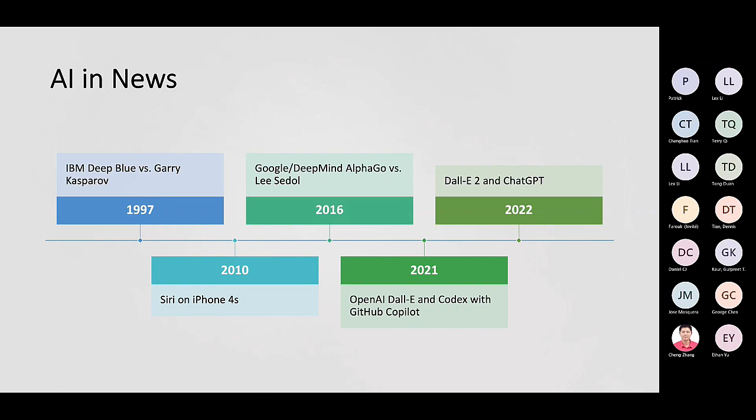And last year OpenAI upgraded DALL-E to version 2, and we noticed a few big improvements there, that it draws astonishing images based on human input.